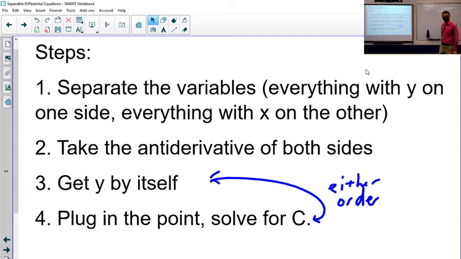Everything with y goes on one side. Everything with x goes on the other side. That's step one. Step two, take the antiderivative of both sides. Once you've got the variables separated, take the antiderivative with y on one side, take the antiderivative with x on the other side, and put your plus c.